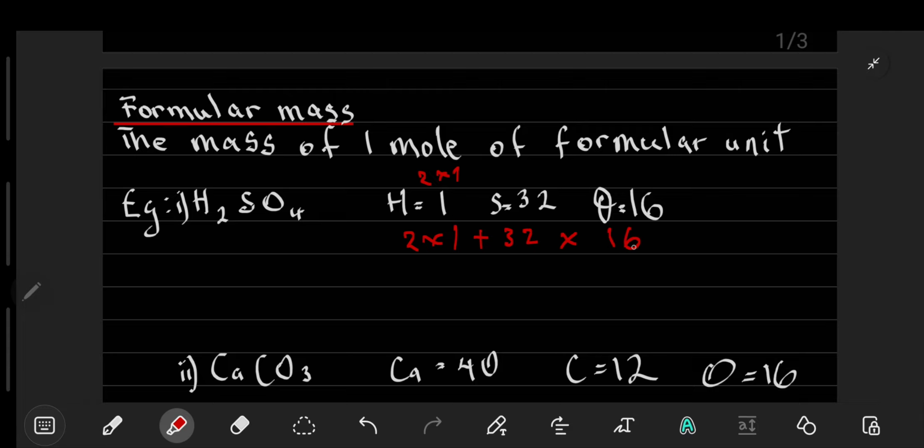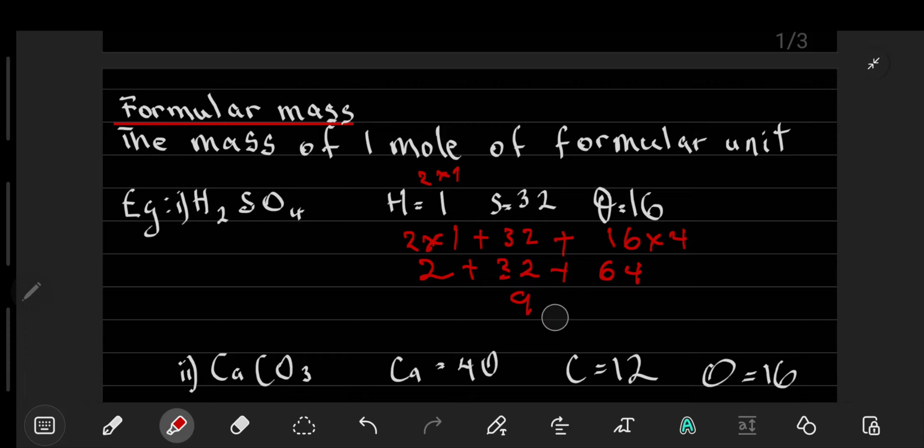Oxygen is 16. But then we have 4 atoms of oxygen, so that would give us times 4. If we are to work this out, we are going to have 2 plus 32 plus 64, and all of that is going to give us 96.